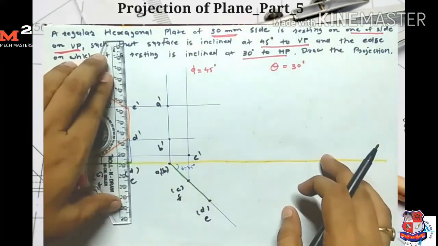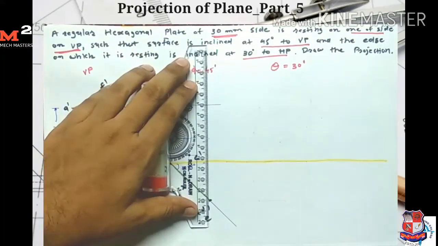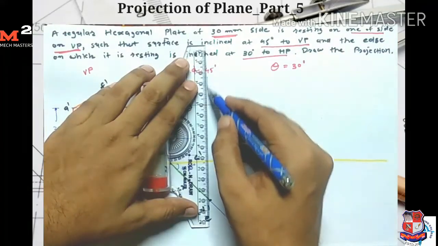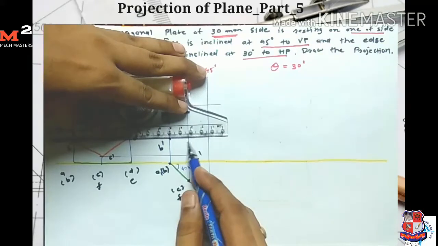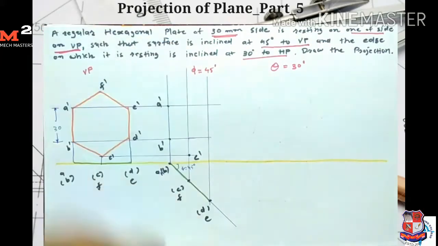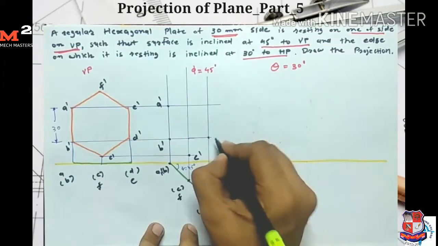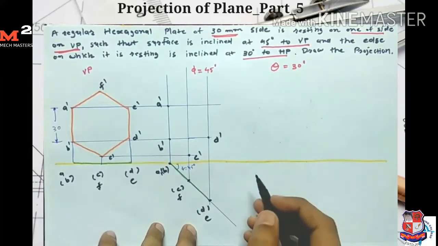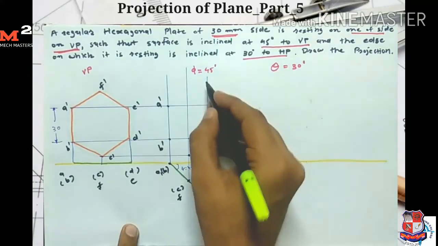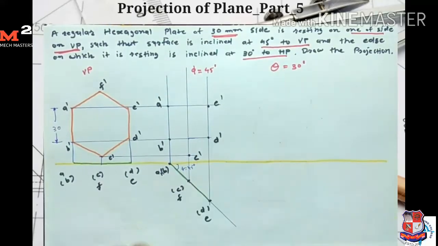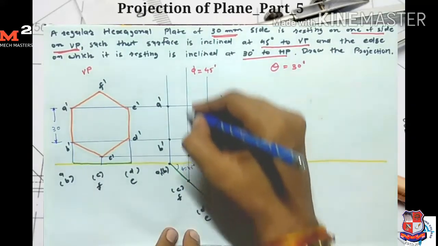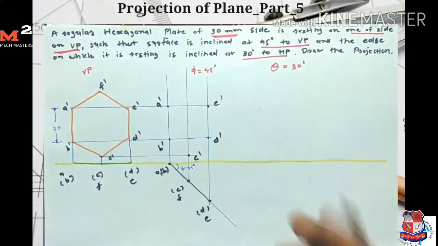Now for point D, I take the projection from here and from here. So here I get my point D dash. Now for point E, I take the projection from here and from here. So here I get my point E dash. For point F dash, I take the projection from here and from here.